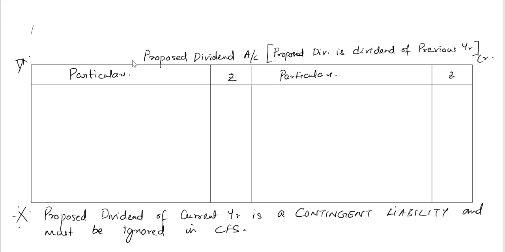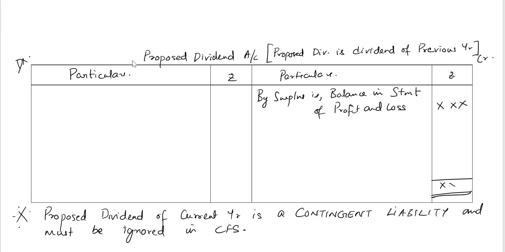We'll provide for the proposed dividend of the previous year from surplus, that is balance in statement of profit and loss, and the same amount will be paid off as to bank account.